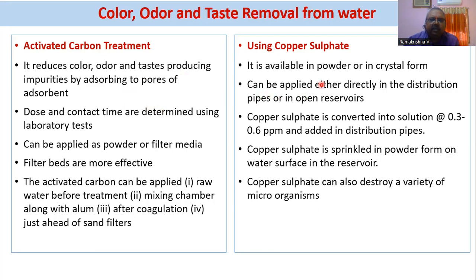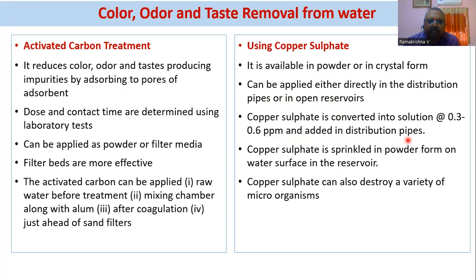The copper sulfate addition is available in powder or in crystal form. It can be applied either directly in the distribution pipes or in open reservoirs. Copper sulfate is converted into a solution at the rate of 0.3 to 0.6 ppm by mixing it with normal water, and added to this raw water.